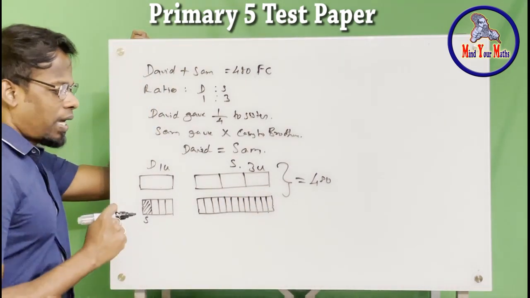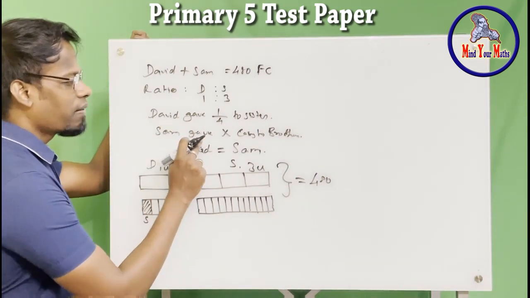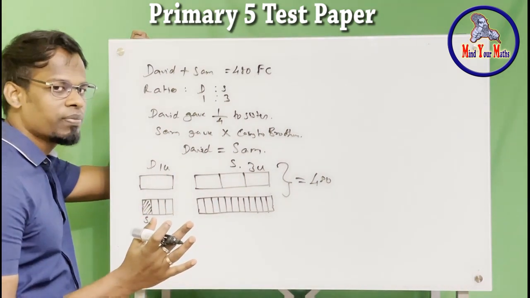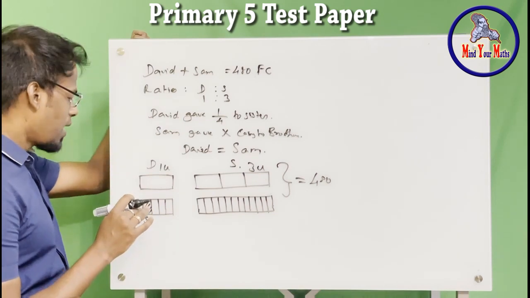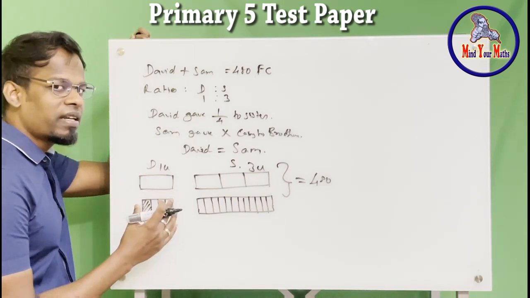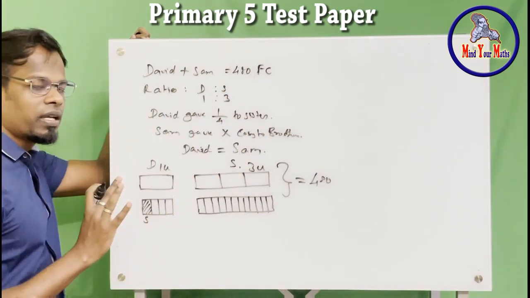Okay, and the next one says Sam gave X coins to his brother. We don't know how many he gave to his brother. That's one question that we are going to find. Another question is what fraction David has left after he gave away to his sister.